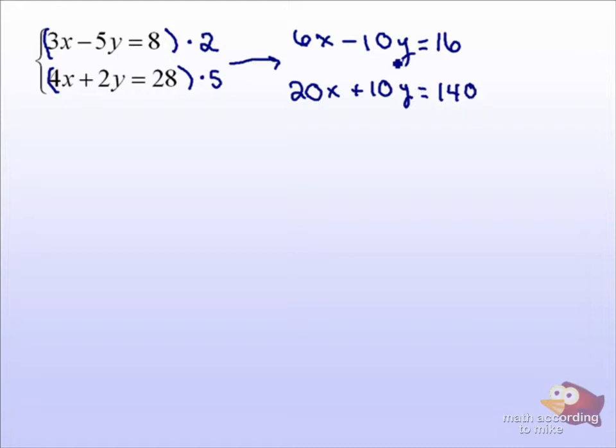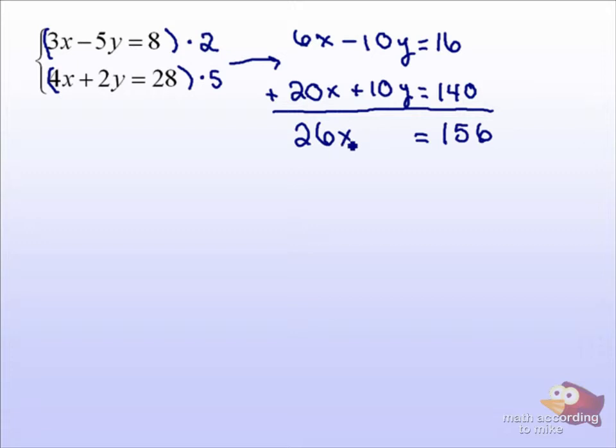Now, the reason we did that was notice that we have a negative 10y and a positive 10y. So now if we add these equations, the y terms would cancel. The elimination method is also called the addition method for that reason. You want to add your equations. Adding them, we get 26x, the y's cancel, equals 156.